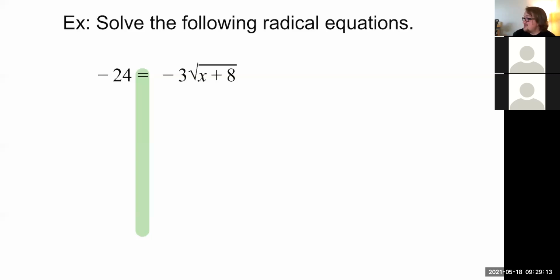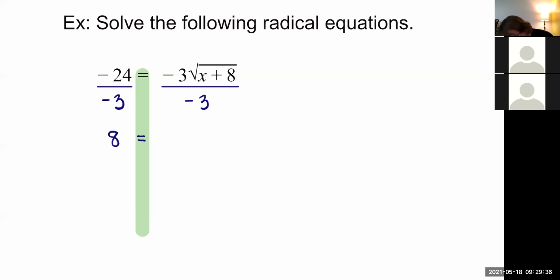So if -3 is being multiplied with the radical, the only way we can get rid of it is if we divide this entire side by -3, which means we divide the entire left-hand side by -3 as well. So on the left, -24 divided by -3 is going to give us a +8.